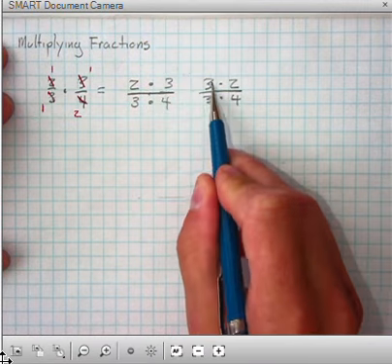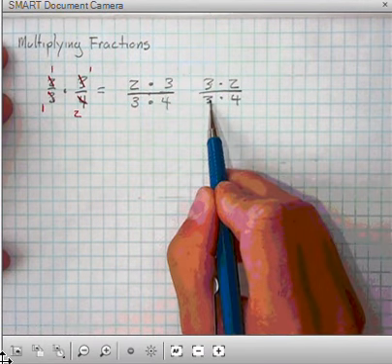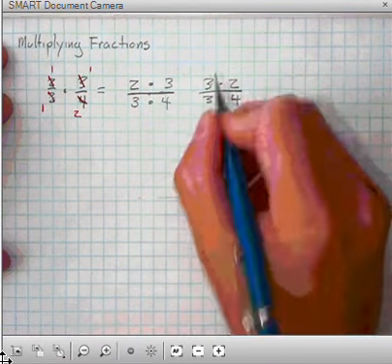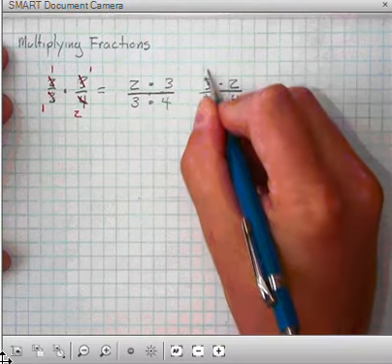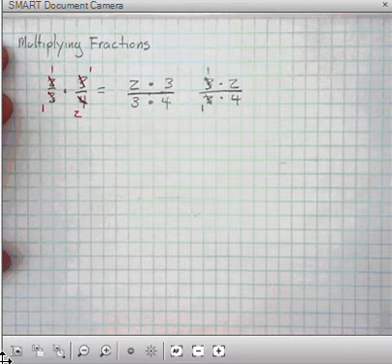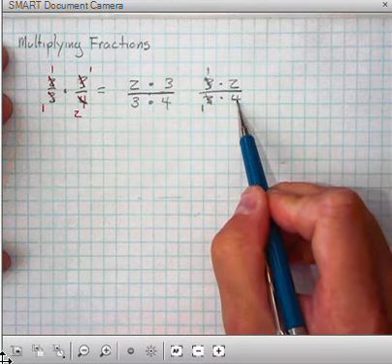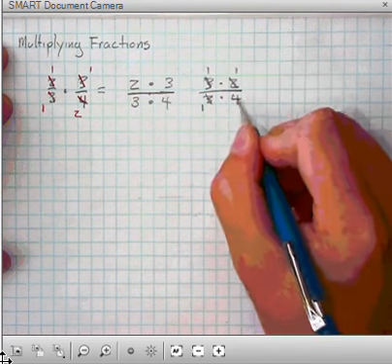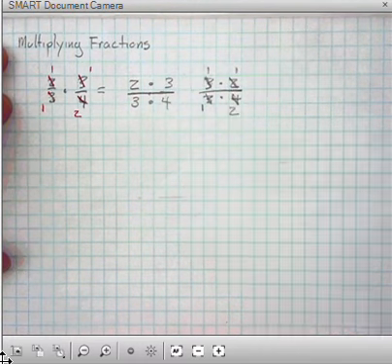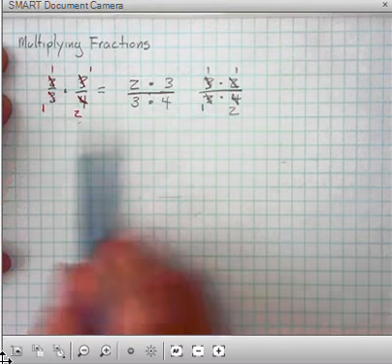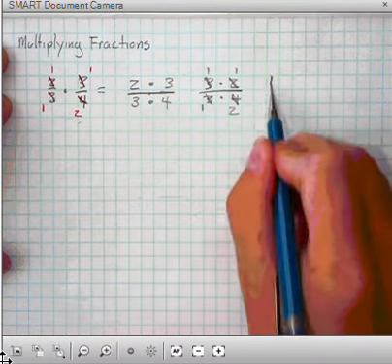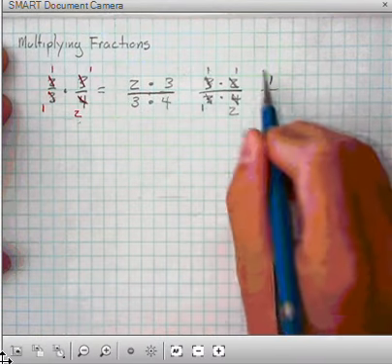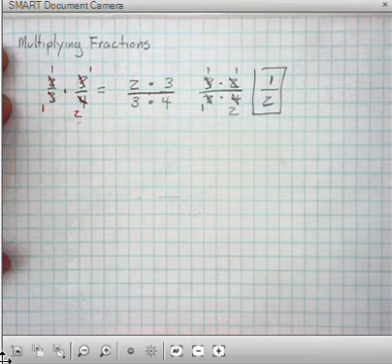Anything over itself is 1, correct? So what I can do there is just cancel those out because it just turns into a 1. 2 over 4, that can be reduced to 1 over 2. So 1 times 1 is 1, 1 times 2 is 2. So the answer to that is 1/2.